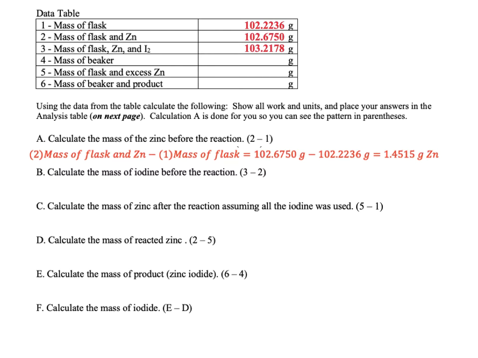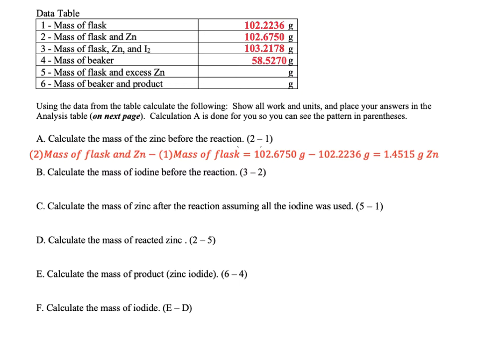Then they poured the liquid, which contained the zinc iodide, into a beaker, which had a mass of 58.5270 grams. Then they did several washes of methanol on the excess zinc to try to get all of the zinc iodide out. They then heated both the beaker and the flask and let them cool.